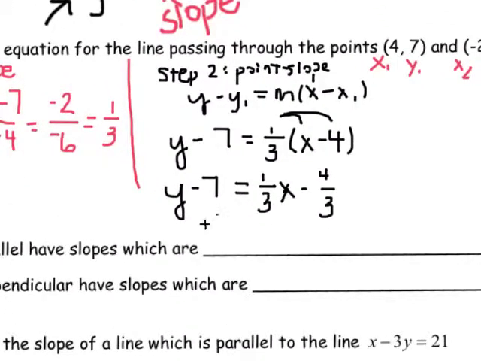When I add 7, that's just a number, so I'll be adding that to the -4/3. This is without a calculator, so I have to do fraction adding. So I'll need a common denominator. Multiply 3 over 3 to get 21 over 3. If I add these two numbers, I get 17 over 3.